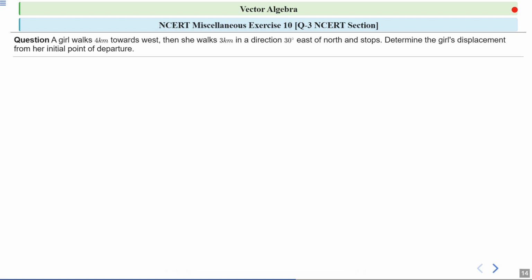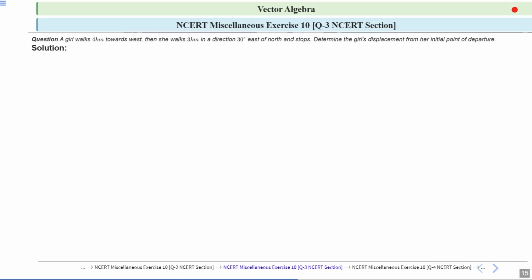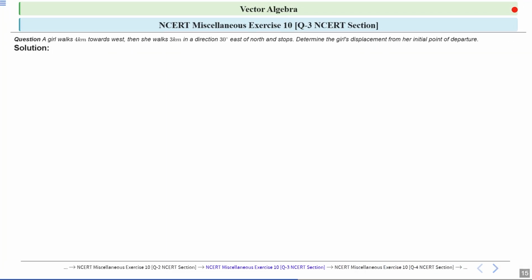So let's see how we can solve the given question. Question says a girl walks 4 km towards west, then she walks 3 km in the direction 30 degree east of north and stops. We have to determine the girl's displacement from the initial point of departure.